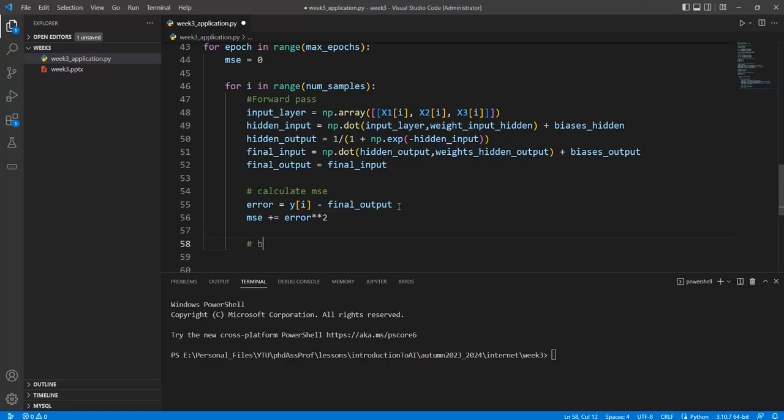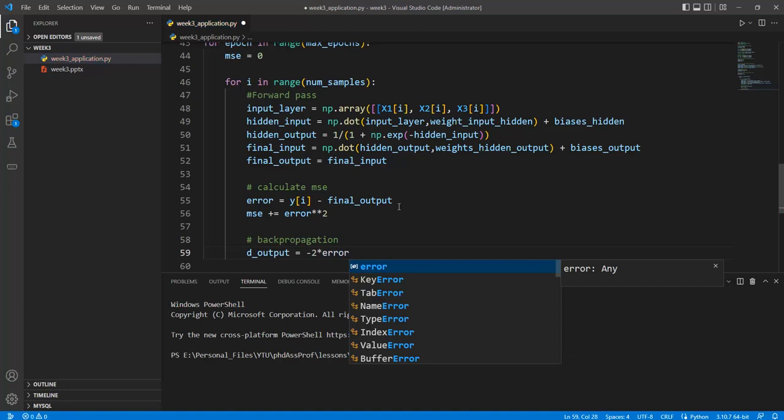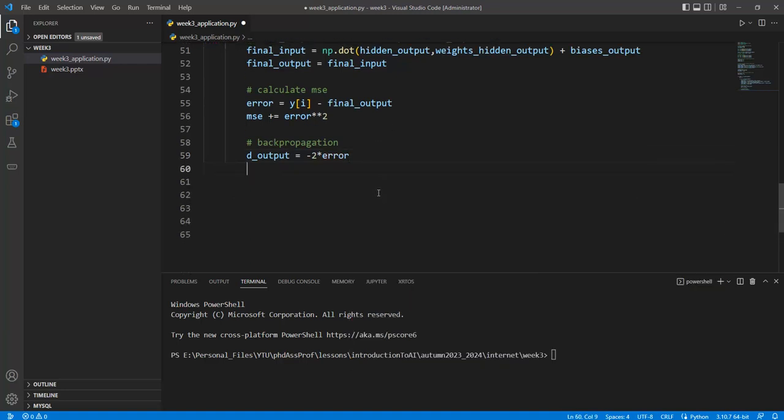So what about the back propagation? From these terms, d output is equal to minus 2 times error, from the update rules which are written in our PDF or the PowerPoint file. This is the standard definition of this output.